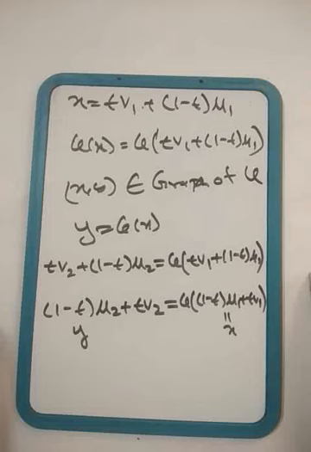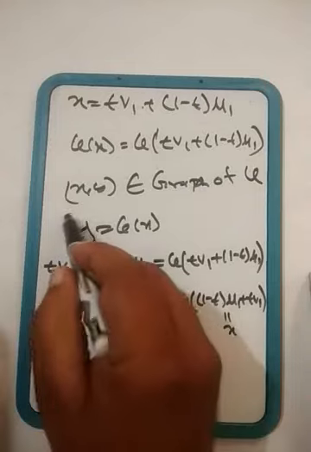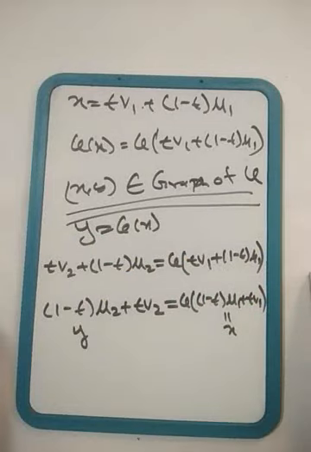This is the value of phi of x, and this is the y corresponding to x comma y. The condition is that y belongs to the graph of phi. If y does not belong to the graph of phi, then it would be something else, so t u2 plus t v2 would be the y coordinate and so on.